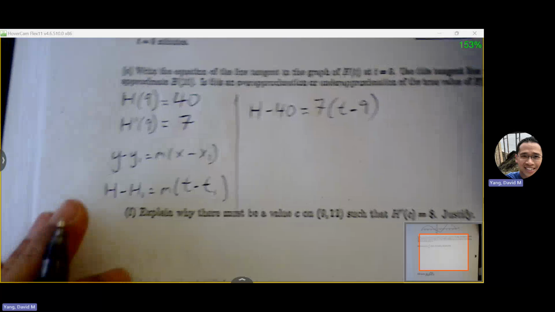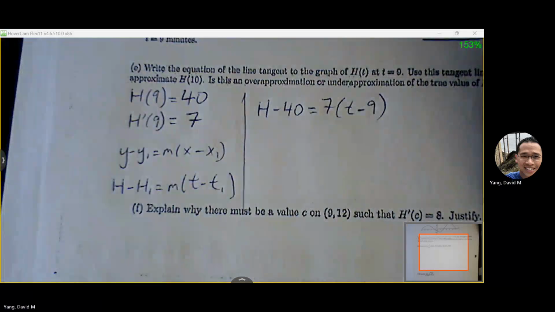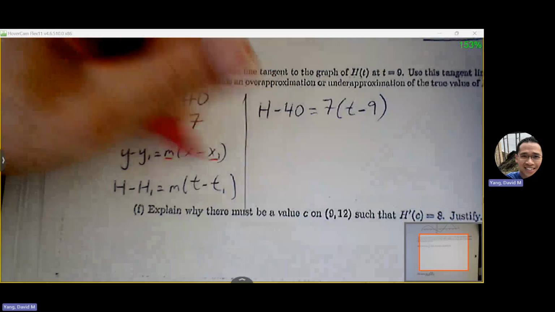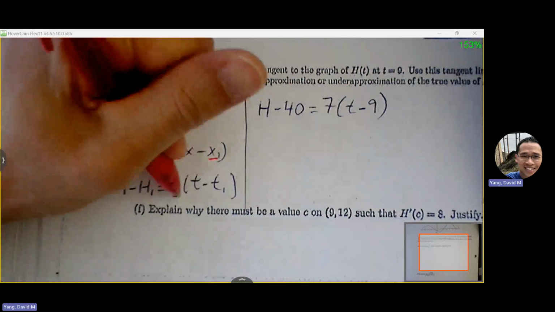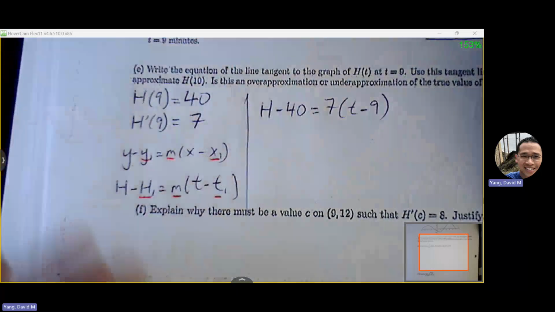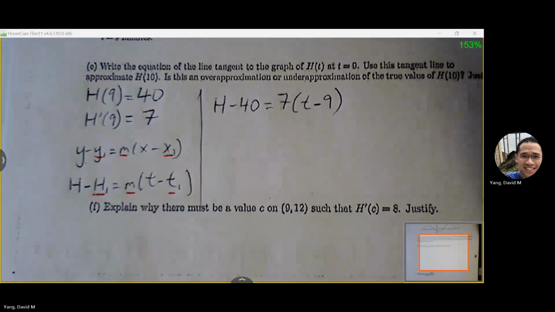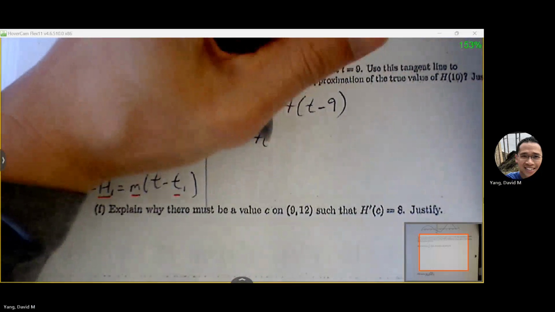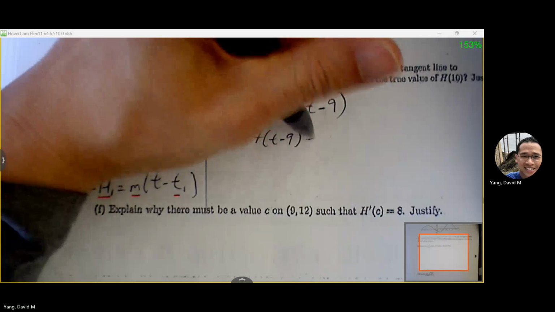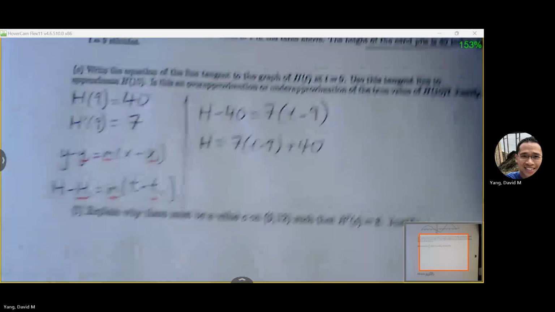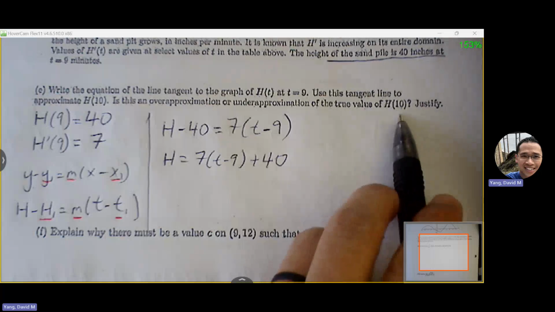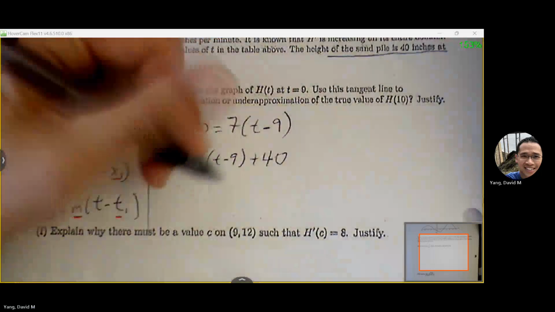Just like with point slope form, we're replacing these three pieces: m, x sub 1, y sub 1. Same thing here. We'll replace m, t sub 1, h sub 1. Okay, solve for h. We have our tangent line equation, and now we just have to do our linear approximation. So plug 10 in for t.